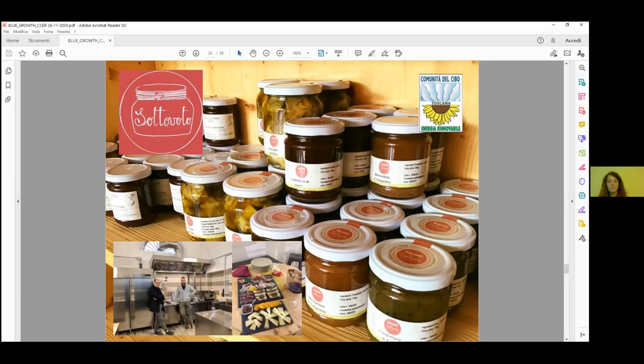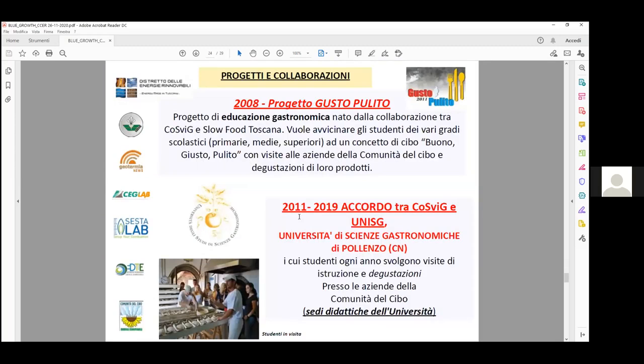Non so se puoi passare alle slide successive. Sì. Purtroppo il tempo sta volando e vado a chiudere, ho le ultime 3-4 slide.